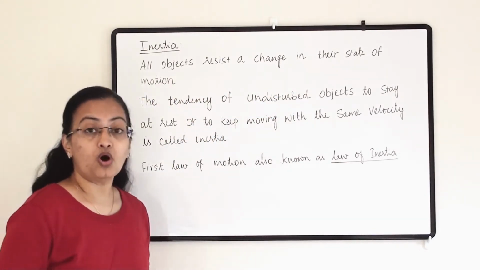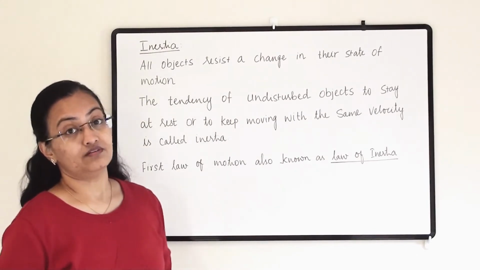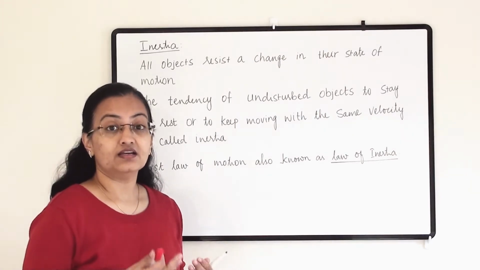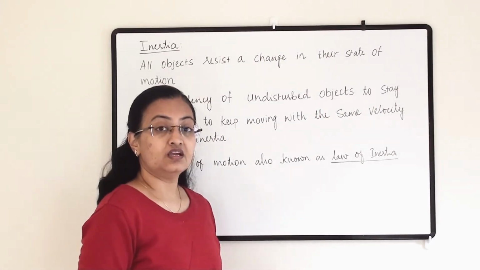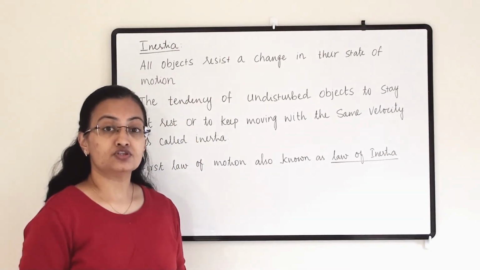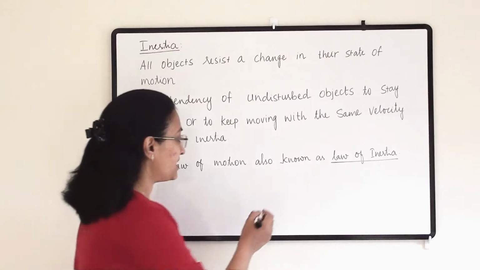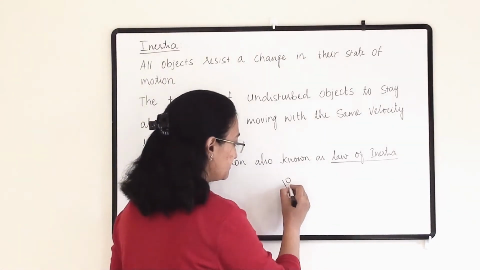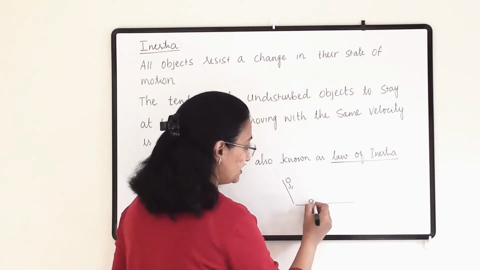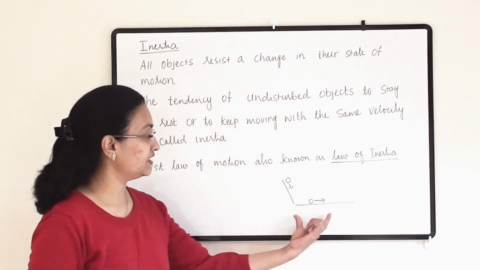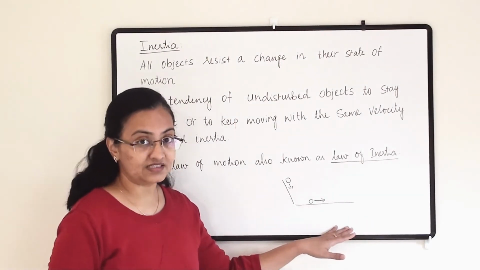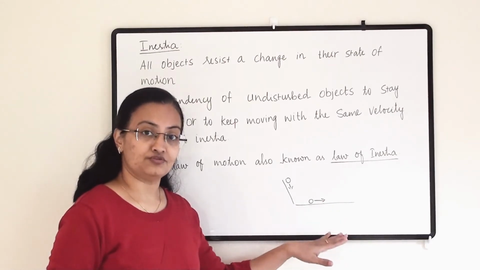So if a ball is moving, then it will resist a change. And we have seen this in the first law of motion, that if we are dropping a marble from a certain height and it is rolling on a horizontal plane, then it will go on and on in this direction forever. But practically it will stop in between because of the friction force.